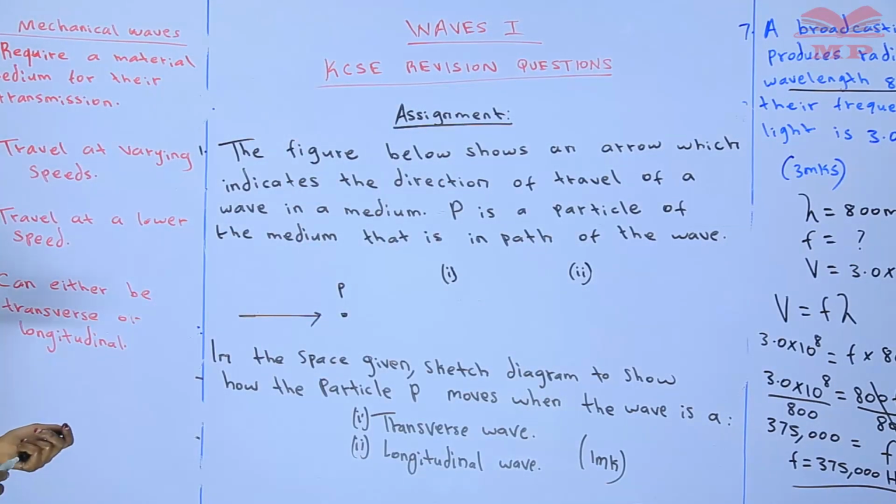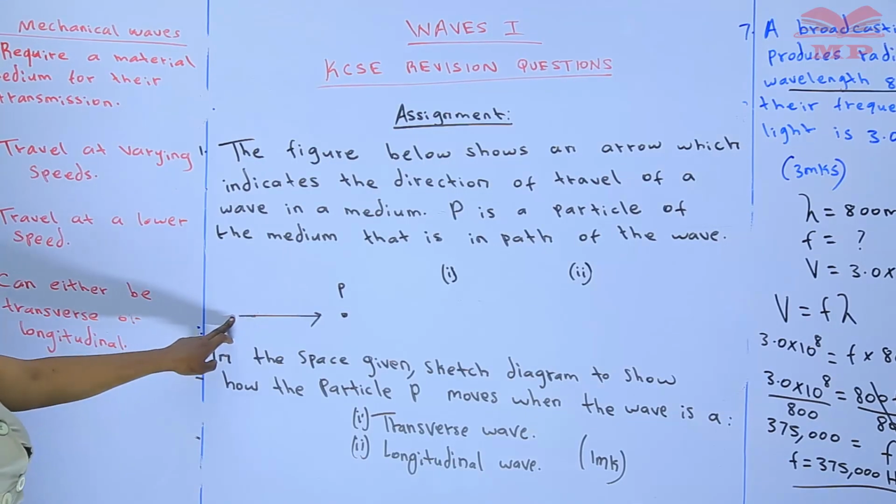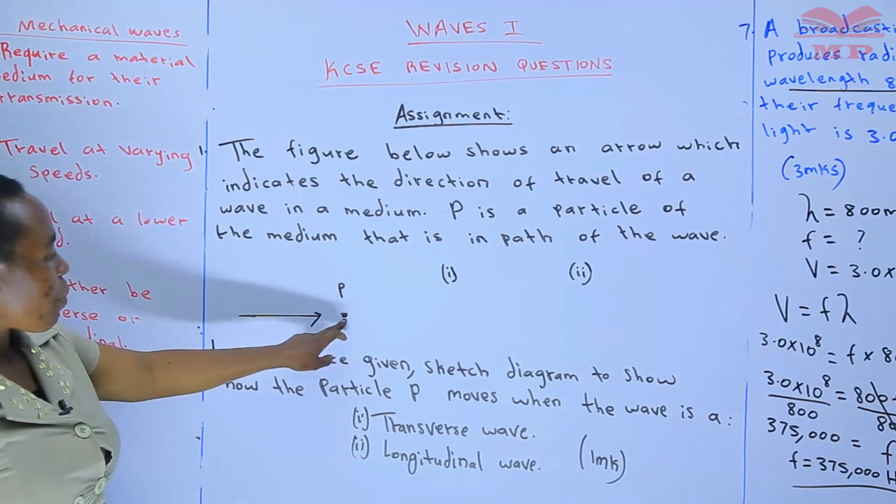The figure below shows an arrow which indicates the direction of travel of a wave in a medium. P is a particle of the medium that is in path of the wave. So here we have the arrow indicating the direction of travel of a wave. This is the particle.